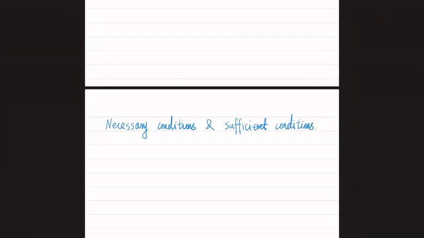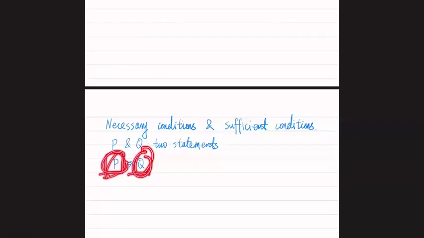For example, we have two statements. If P implies Q, if P is true, then Q must be true. In this case, we say P is a sufficient condition for Q. If P is true, Q must be true.